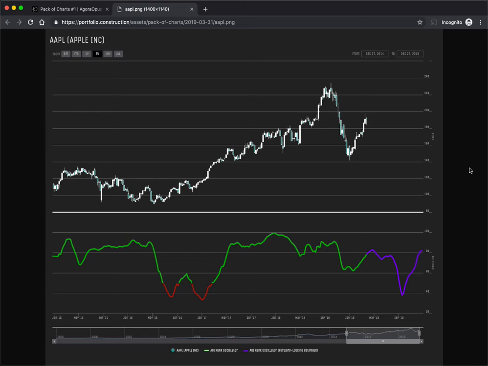So basically, the AgoraOpus Rank Oscillator is an indicator which tries to rank companies based on the expected performance of these companies relative to all the other companies that we include in the analysis. So a high-ranking company basically means that we expect this company to perform better than a lower-ranking company.